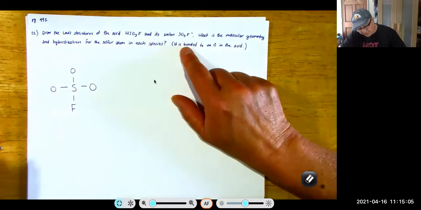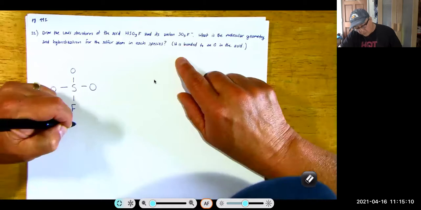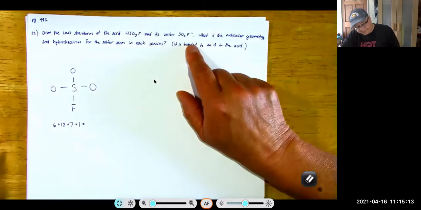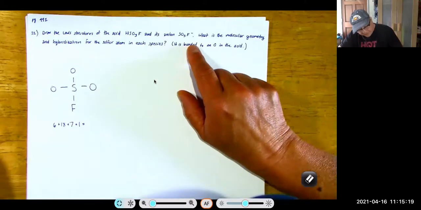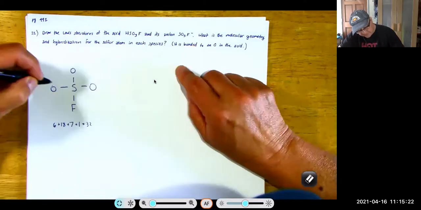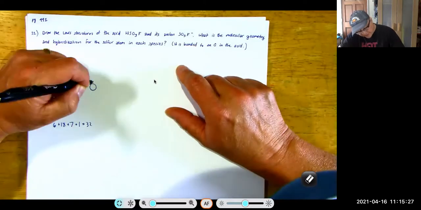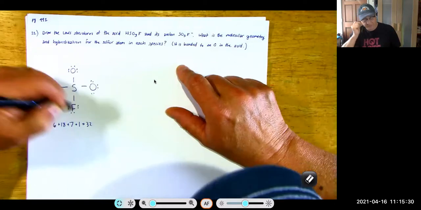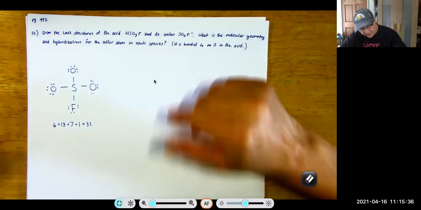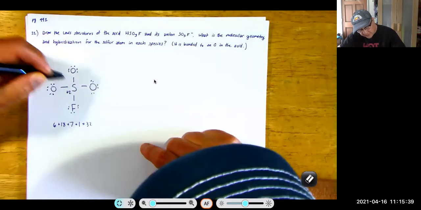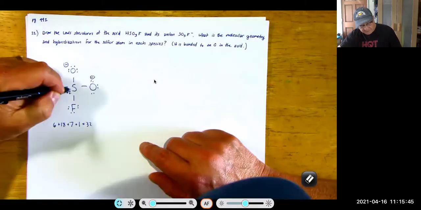Well, 6 for sulfur, 18 for oxygen, 7 for fluorine, and 1 more for the charge, right? That ends up being 32 electrons. Now, we're not too happy with this Lewis structure because the formal charges are +2, -1, -1, -1, for a total of -1.